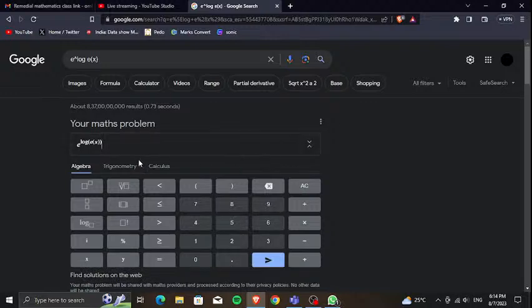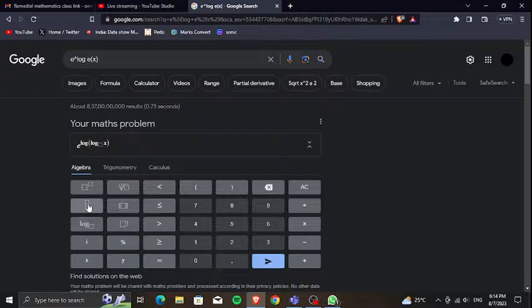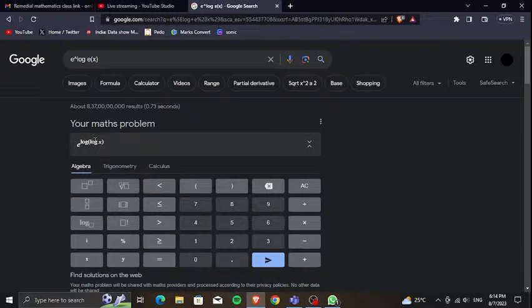Already you can see that in the standard form the coefficient of dy by dx is 1, and in the given differential equation the coefficient of dy by dx is also 1. If it is not 1, then make it 1 by dividing throughout by the coefficient of dy by dx. So the given differential equation is already in standard form, and you can directly write down the values of p and q.